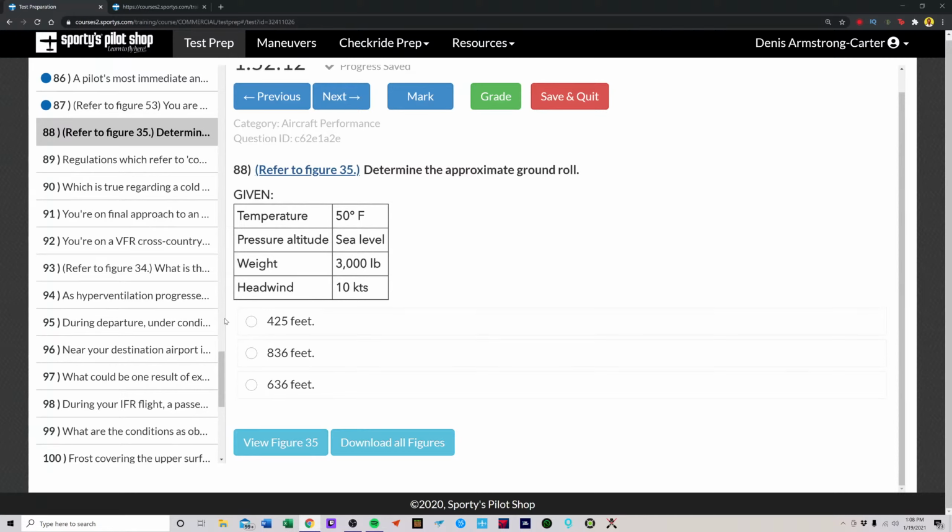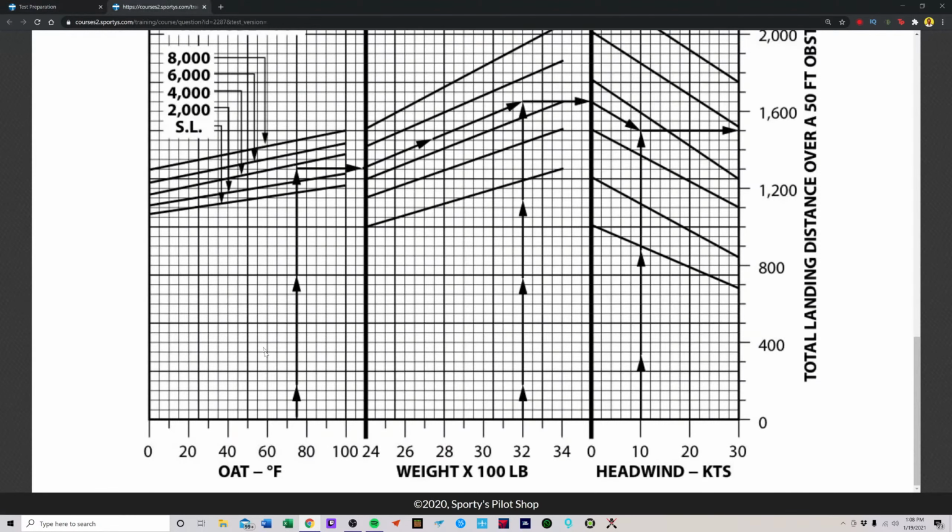Okay, so that did not work. 50 Fahrenheit, 3,000, 10 knots. Fahrenheit. 3,000. Wait, so 50 Fahrenheit is right. Oh, it's that dark line. Okay, 50 Fahrenheit, just below 3,000. 3,000, perfect. Straight across. Alright.